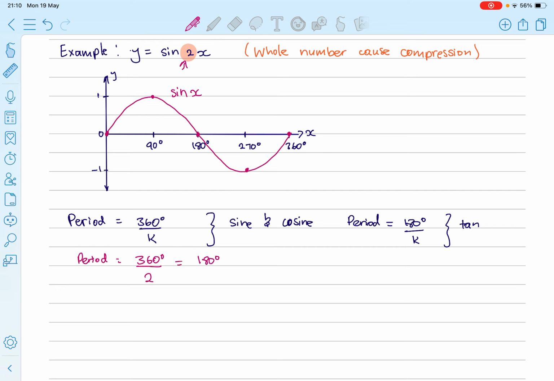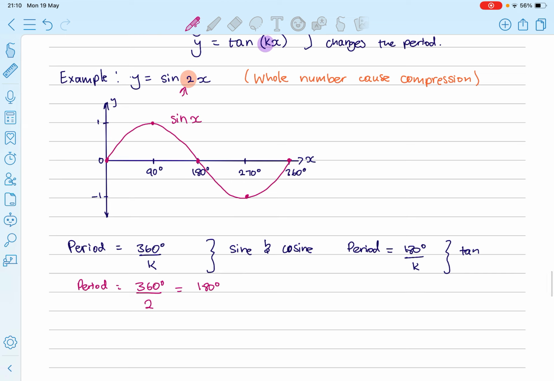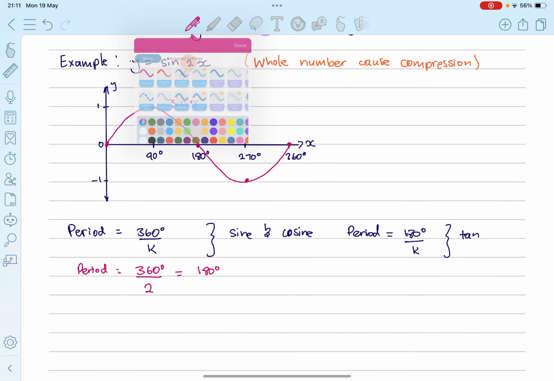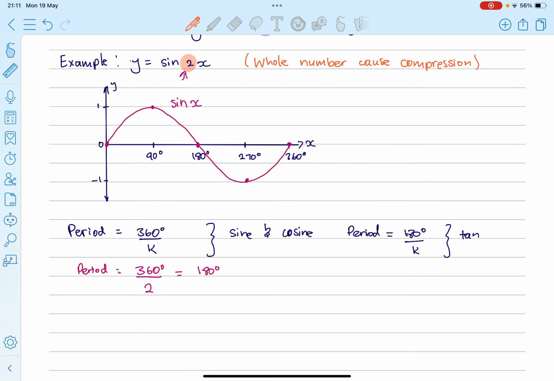So what this means is the original sine graph takes 360 degrees to complete a period. However, it has now been shrunk to 180 degrees. And what we can see happening in this equation is that we are basically dividing our x coordinates by this k value.